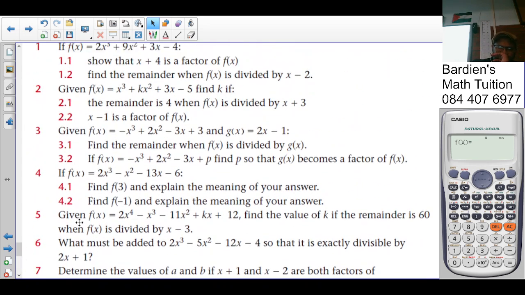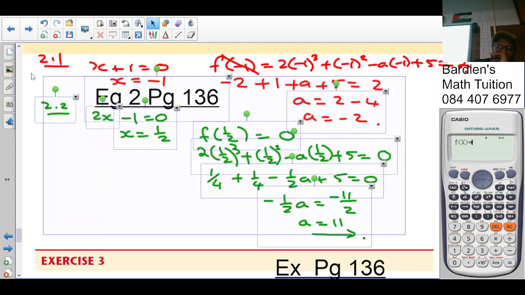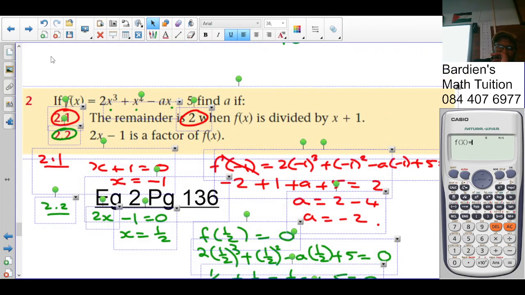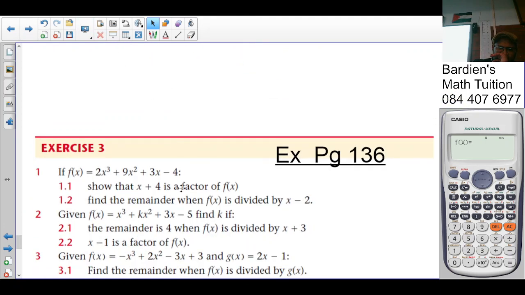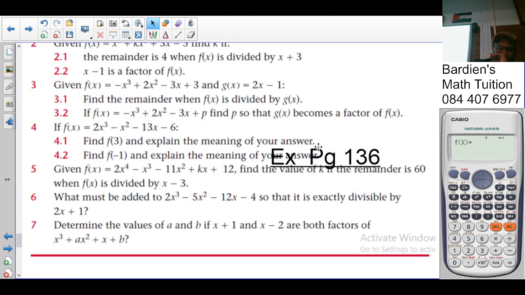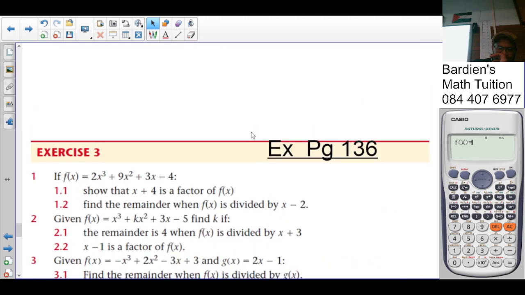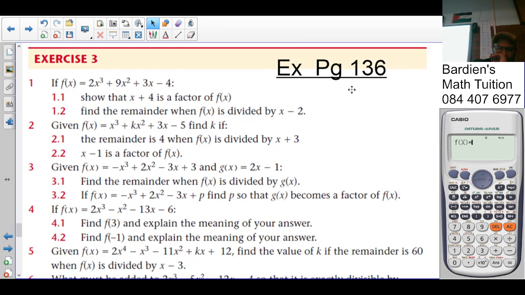Oh, here it is, exercise 3. Alright, any issues with number 1?